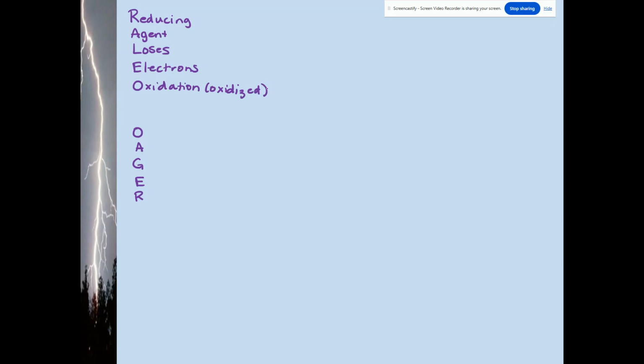Kind of like present versus past terms there. And then the oxidizing agent gains electrons and undergoes a reduction half reaction, or is being reduced. Okay? Now, this process happens when your oxidation number goes up.